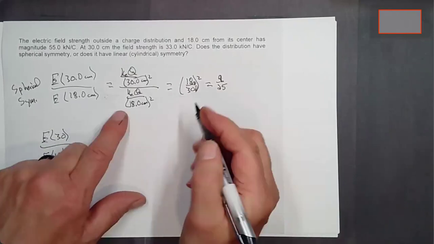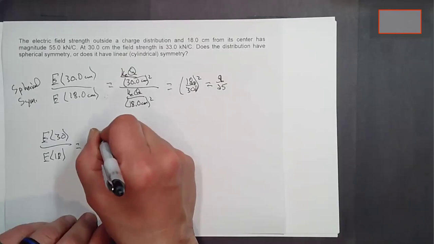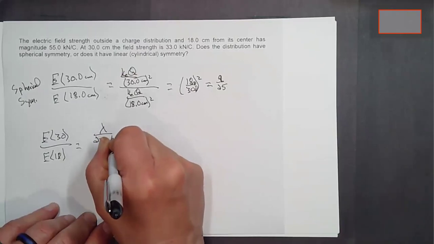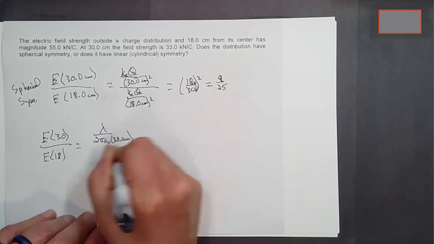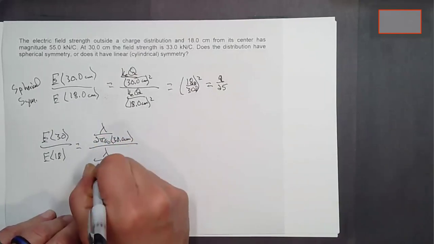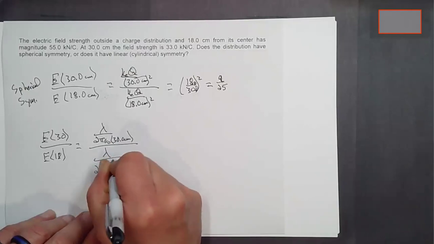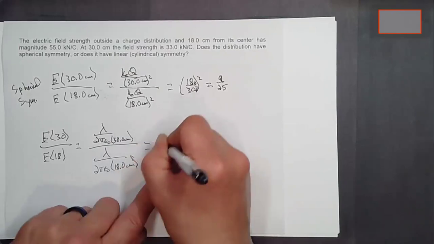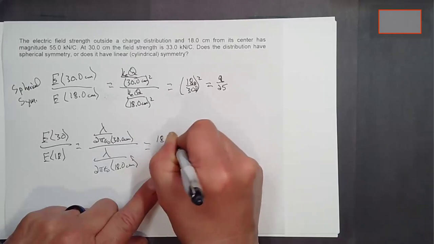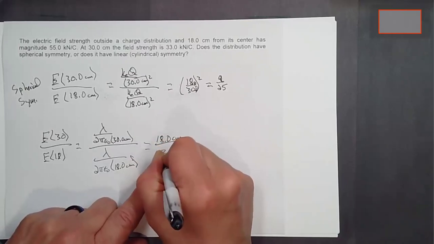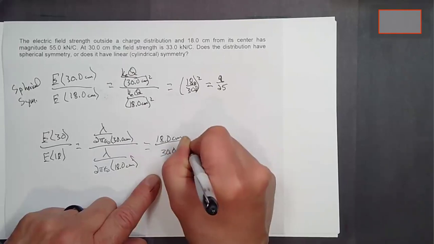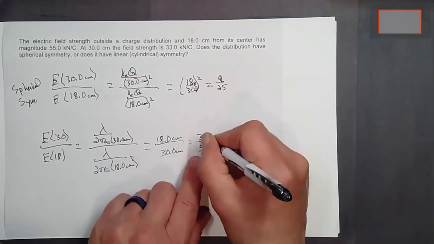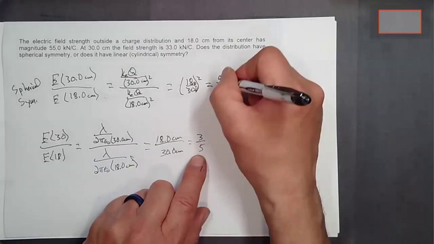And I'd have lambda over 2 pi epsilon naught times 30 centimeters, and here I'd have lambda over 2 pi epsilon naught times 18 centimeters. What you'd end up with is 18.0 centimeters over 30.0 centimeters, which ends up being 3/5. And that's good to 3 significant figures, as is that.